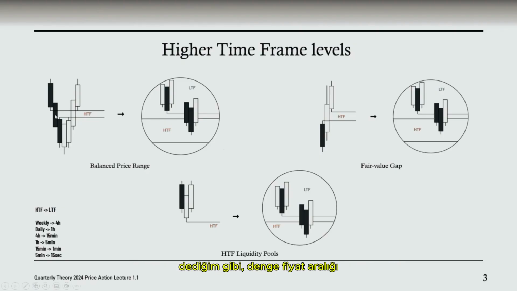So as I said, the balanced price range is basically a double fair value gap, right? So you have this gap that cuts through another gap, right? On this is a down close candle. That's what the block candles depict.